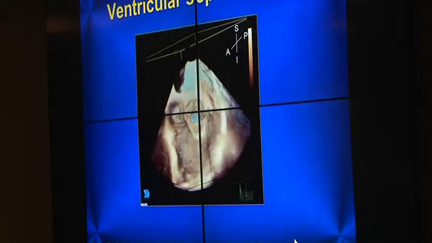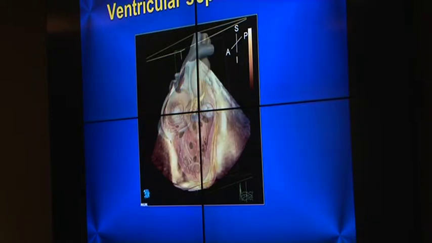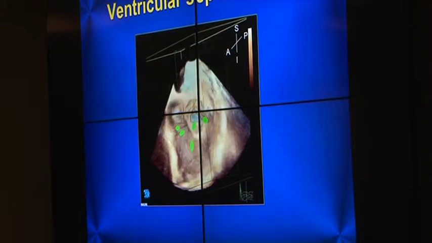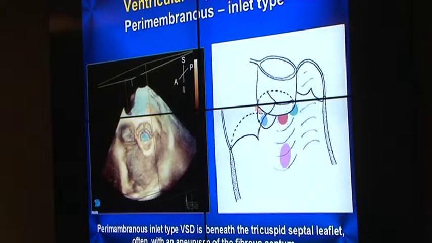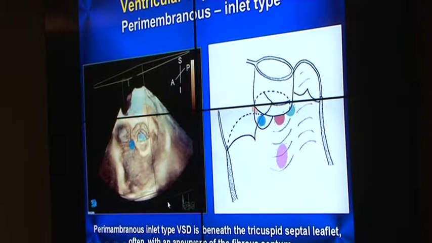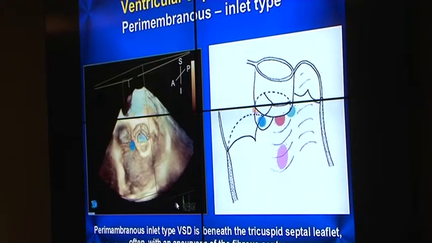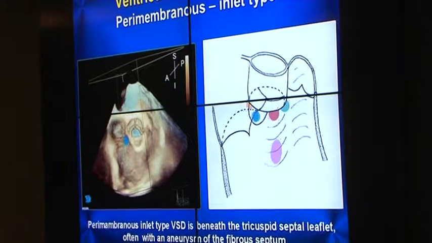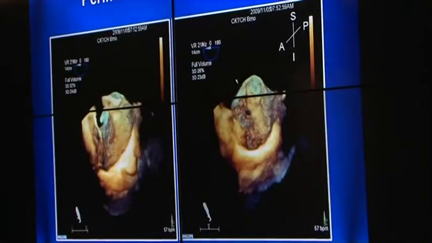The different septal defects in the ventricles can be localized in different regions, so we go through all of them. The most important or most common form is the perimembranous inlet type VSD, which is beneath the tricuspid septal leaflet, and very often we can see an aneurysmal redundancy of the leaflet or the wall or the fibrous septum, which can completely cover this VSD.